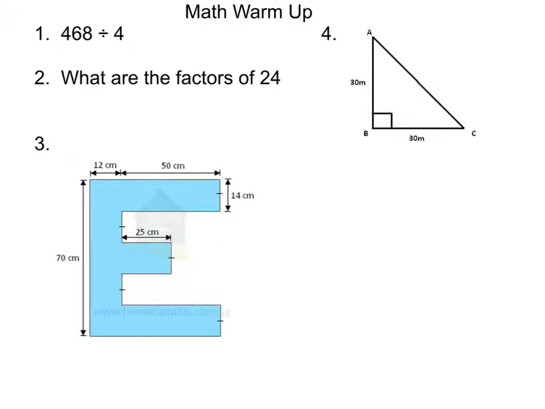Okay, area and perimeter of our, for all sense of the word, letter E. All right. Well, perimeter, that'll take a while. We've got quite a few numbers to add up. 50 plus 12 is 62.